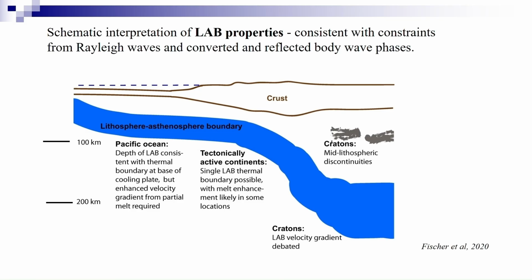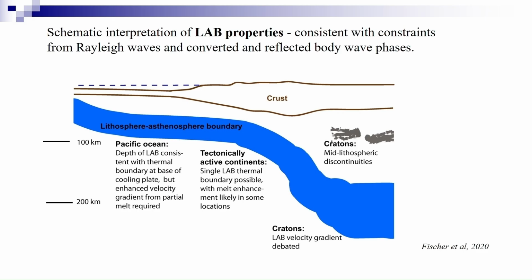Here we present schematic interpretations of LAB properties for oceans, tectonically active continental provinces, and cratons, which are consistent with constraints from Rayleigh waves and converted and reflected body waves. In oceans, the LAB depth is consistent with a thermal boundary at the base of the cooling plate, but an enhanced velocity gradient from partial melt is required.